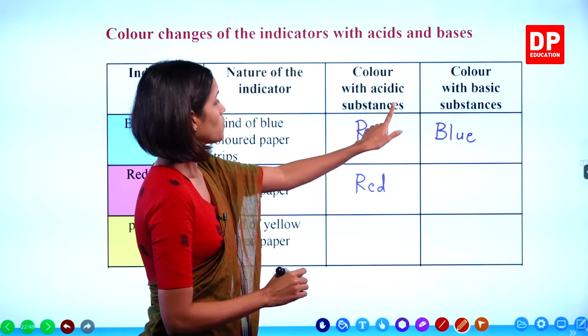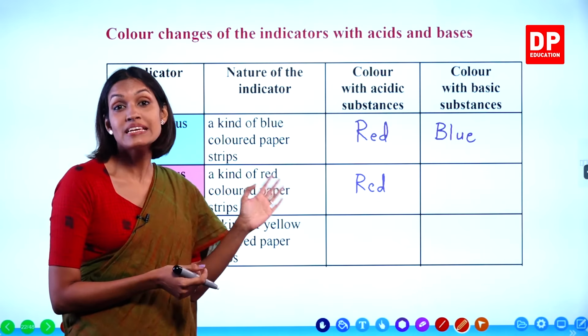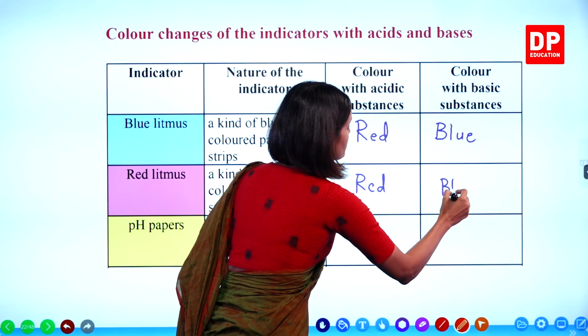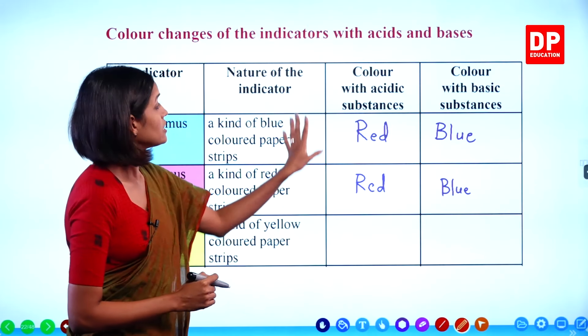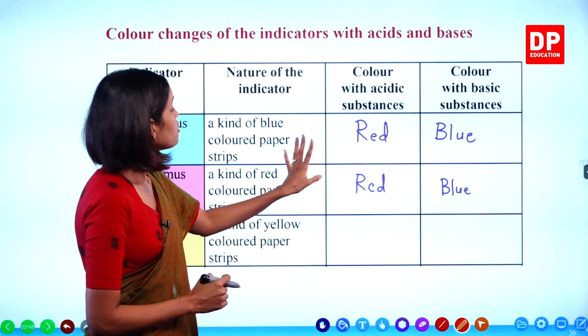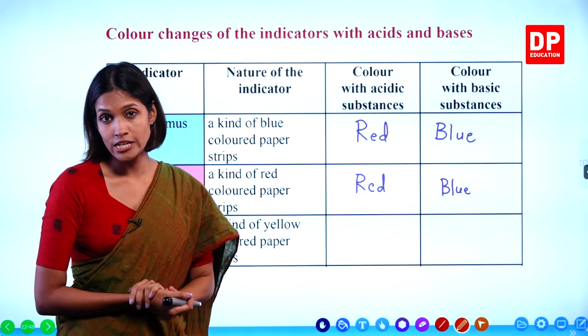And with basic substances, what happens to the red litmus, children? It turns blue. Which means the color of the litmus paper in an acidic substance is red, and the color of the litmus paper with basic substances is always blue.